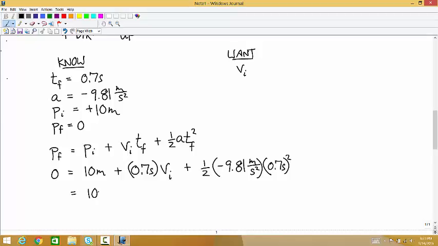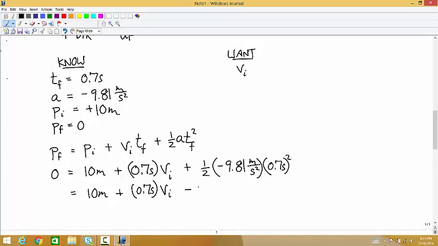And so that's 10 meters plus 0.7 seconds times V initial.